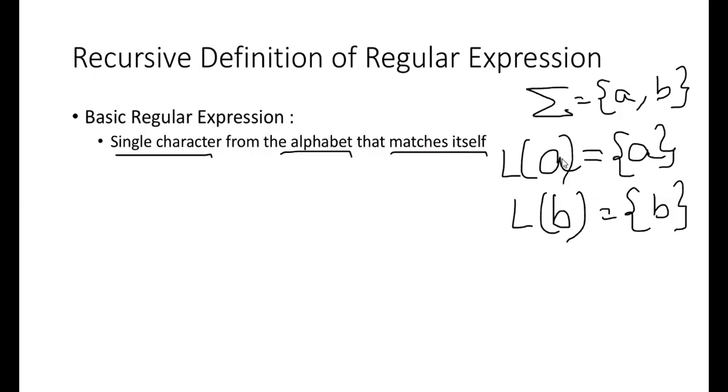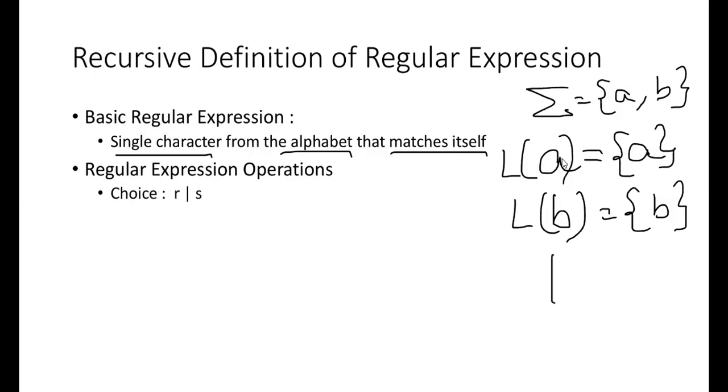Now, once you have this, we can have a recursive definition where we can use different operations. What are the operations? The first operation is choice. Choice is represented by the pipe. Here I have seen that A is a regular expression and B is another regular expression.